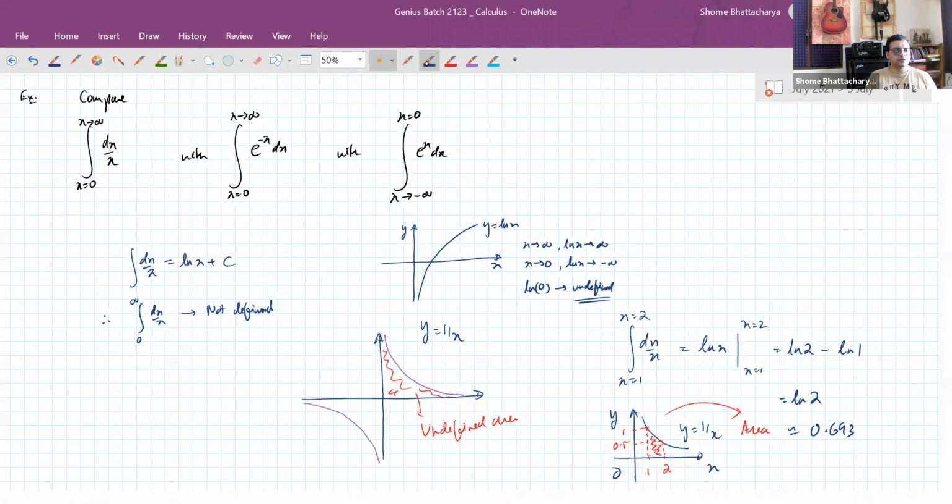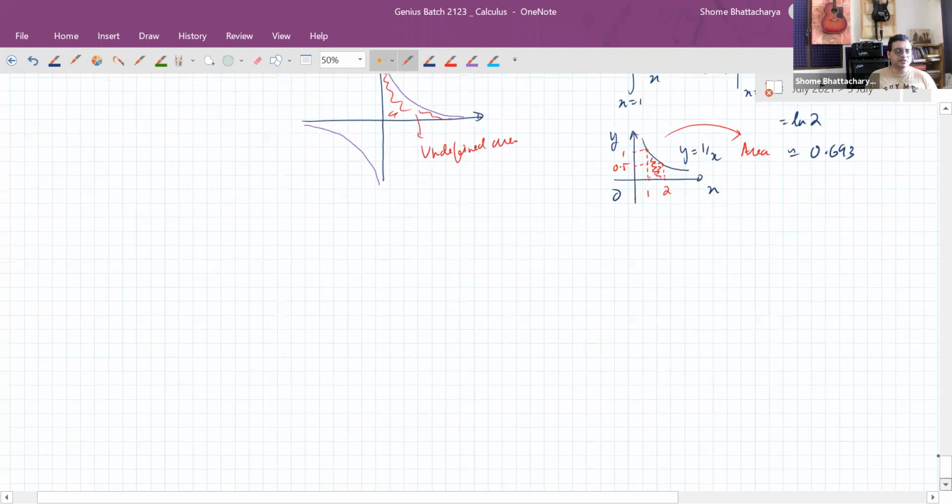Whereas take the second one, or the third one, and you see you get a defined value of area, you get a finite defined area, even though you're taking x over an infinite range.